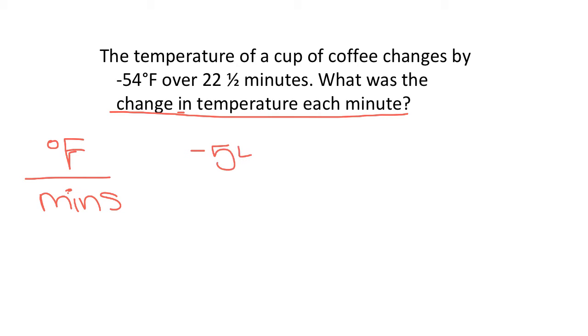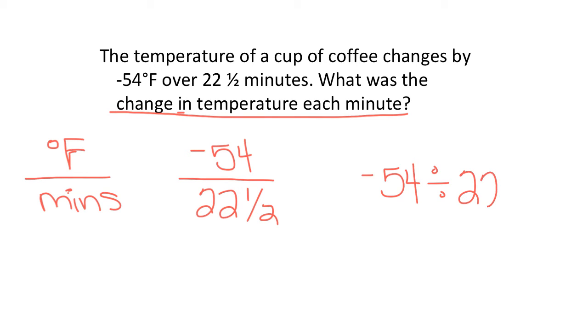Negative 54 degrees divided by 22.5 minutes. We can convert our fraction into a decimal, which would now give us the expression negative 54 divided by 22 5/10. If we do the math on this, we find that there was a change in temperature of negative 2 4/10 degrees Fahrenheit for every 1 minute of change.